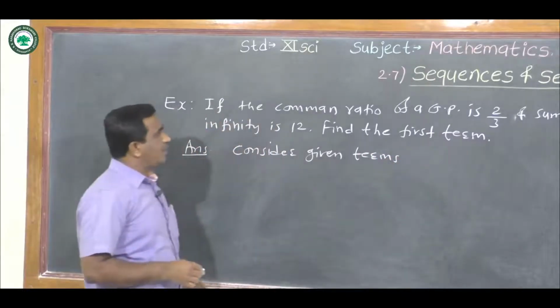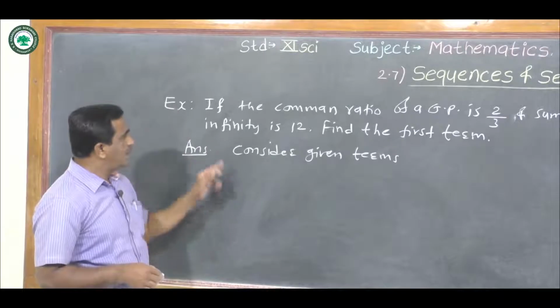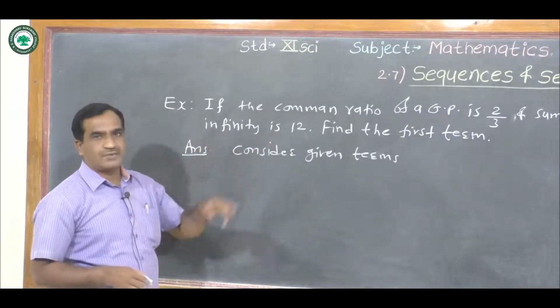Answer: consider the given terms. That is, we are given that the common ratio of a geometric progression is 2 by 3 and the sum to infinity is 12.